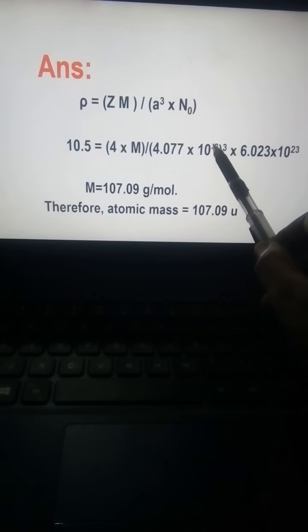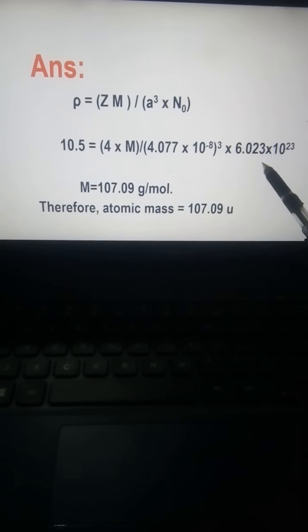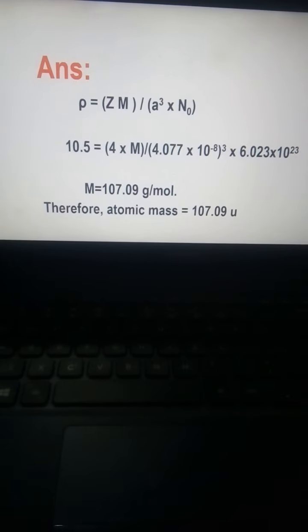Z is equal to 4, capital M, the molar mass, we have to find out, a cube. a is equal to 4.077 into 10 to the power minus 8 centimeter, the whole cube, and N naught is 6.023 into 10 to the power 23 per mole.